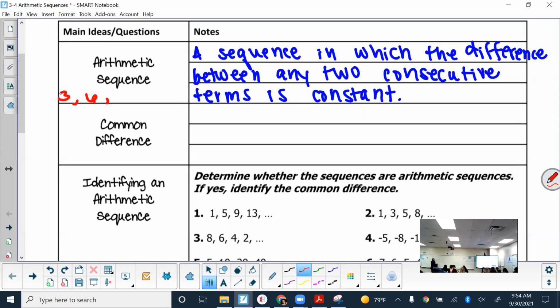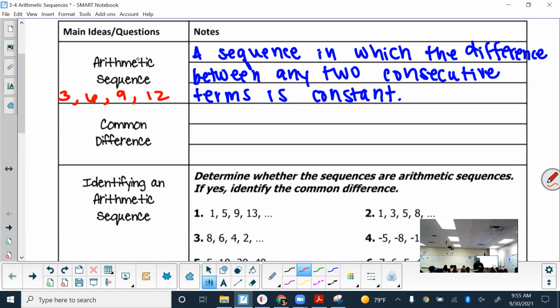So let's say I have 3, 6, 9, and 12. All right, that's an example of an arithmetic sequence, because between the two consecutive terms, so consecutive means right next to each other, consecutive terms have the same difference between them. All right, and that difference is called the common difference.